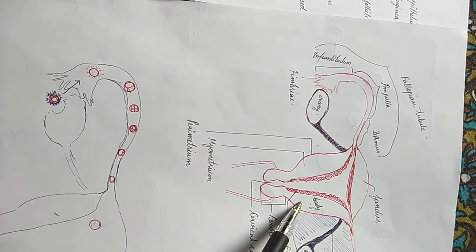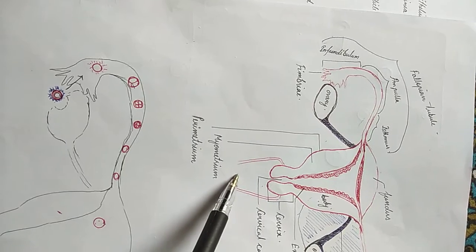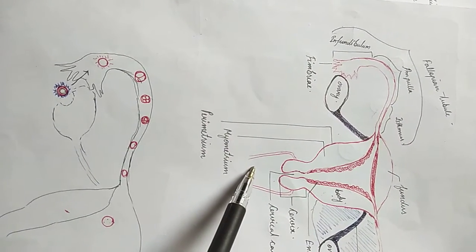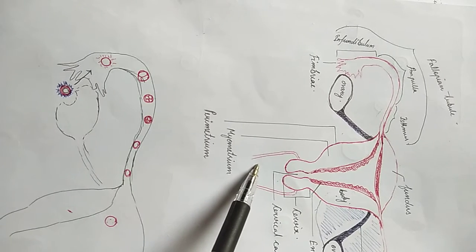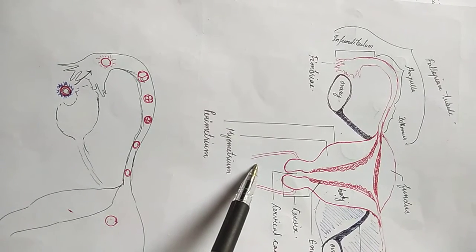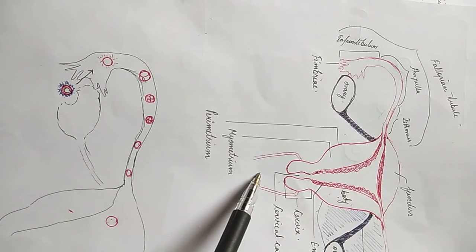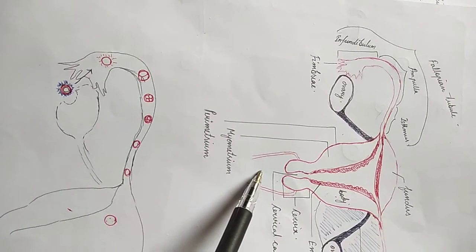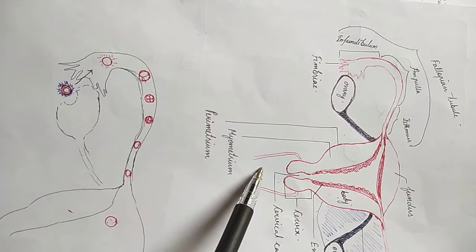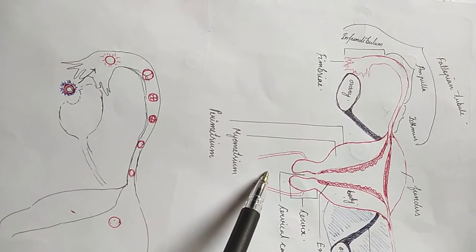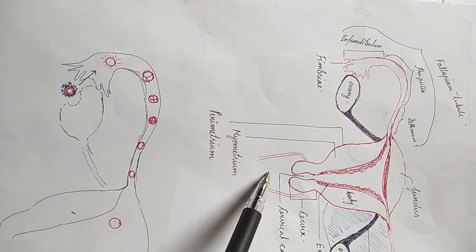The uterus opens by the cervical canal into a large median elastic muscular tube of about 7.5 centimeter in length, the vagina. It extends forward and downward and opens out at its lower end into the vestibule by the vaginal orifice.